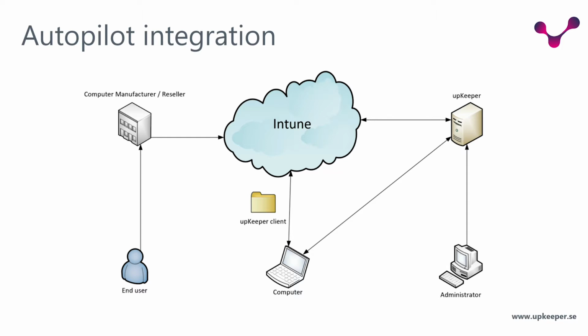The thought is that in this step, Upkeeper takes over and all applications are distributed through Upkeeper. As an administrator, you can administrate every computer, Upkeeper computer or Intune computer, through the same interface, and it's seamless between those systems in one interface. So it's really handy.